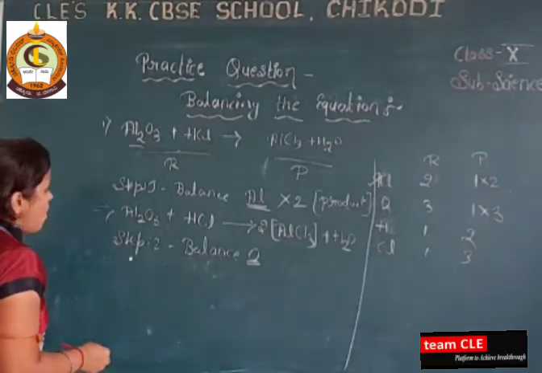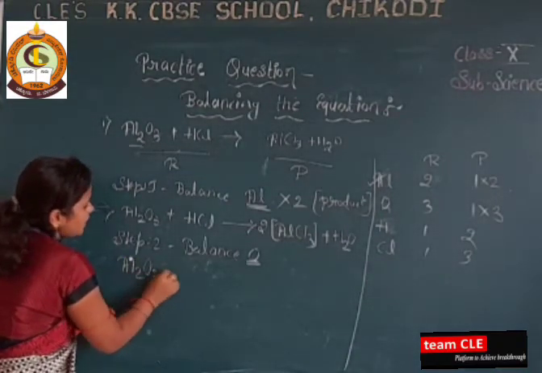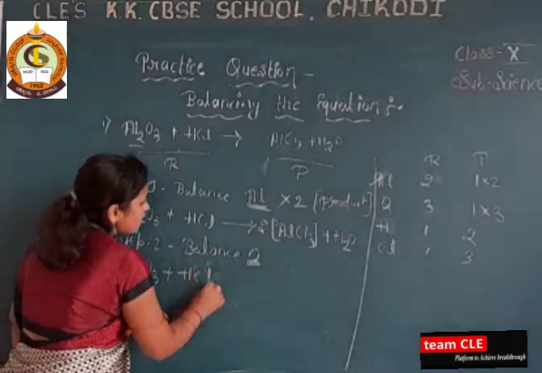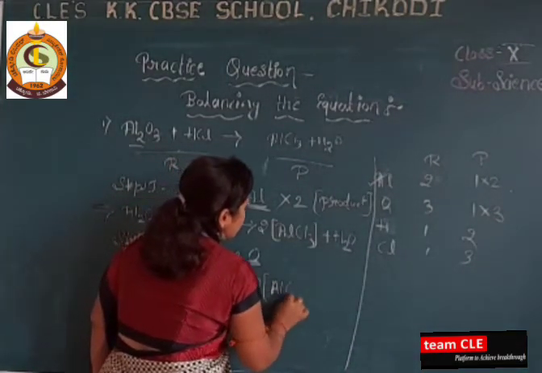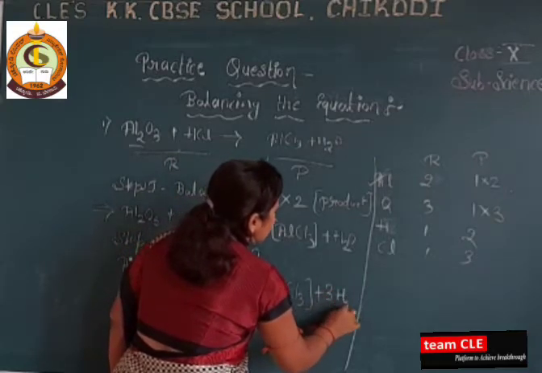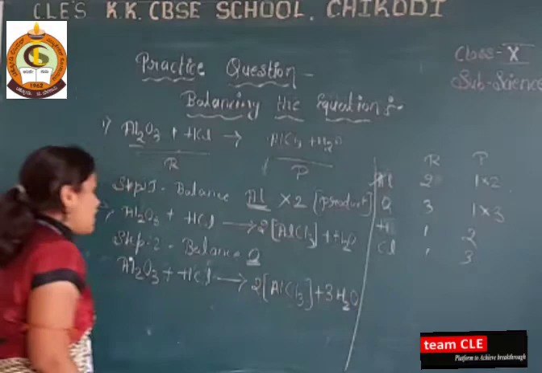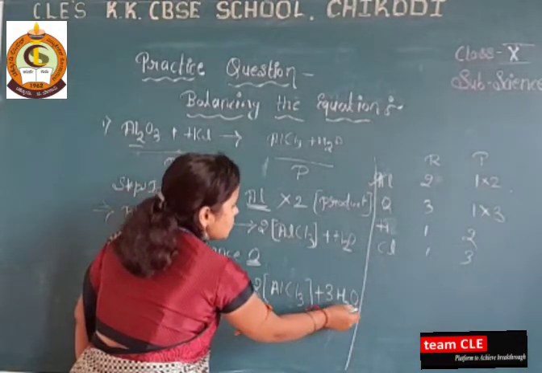So balance oxygen. Shall we begin? Al2O3 plus HCl gives us 2AlCl3 plus 3H2O.